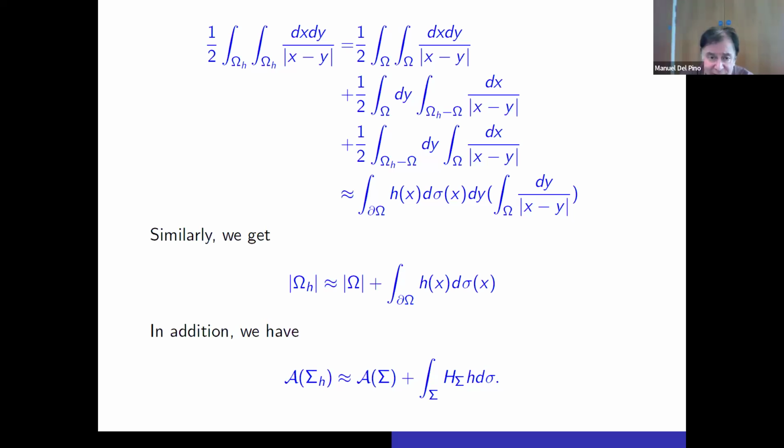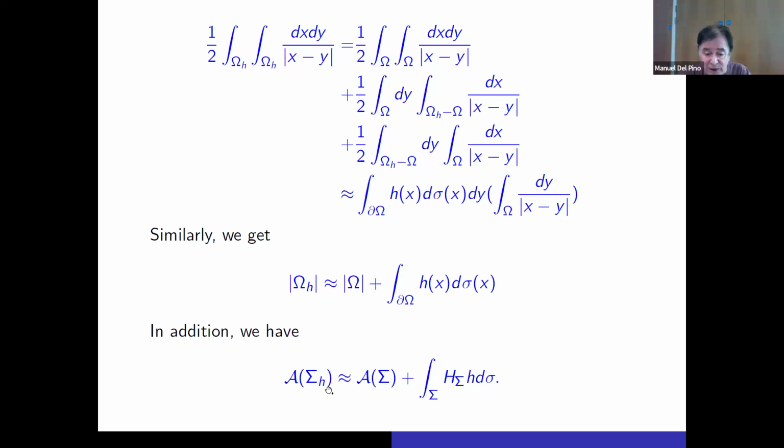Okay, and in the same way, if you expand the volume of omega, it is simply expanded in this way. So you see the first variation of volume is the integral of h itself. In addition, let me do the same thing, but with the area.